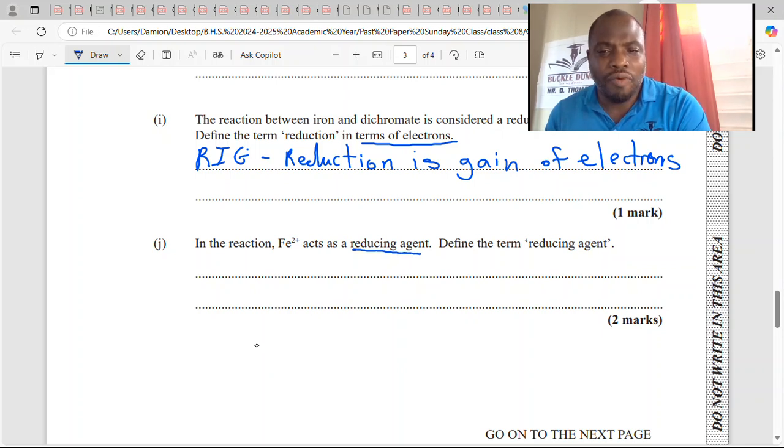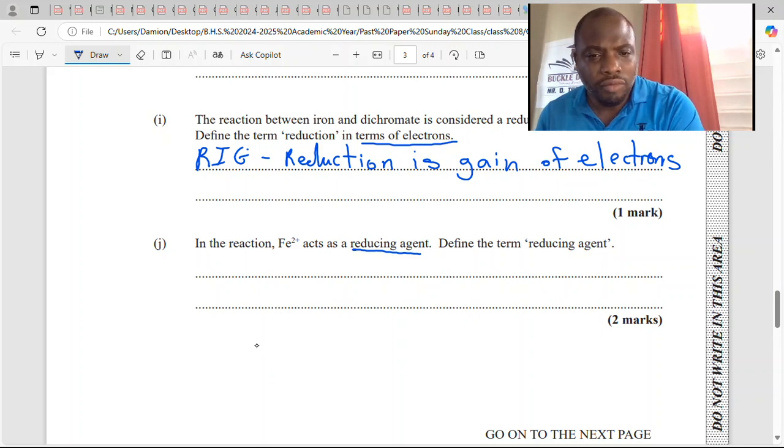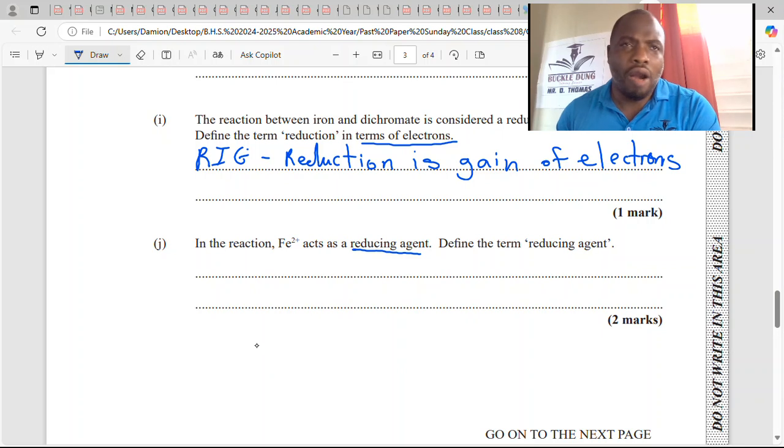Define the term reducing agent. What's a reducing agent? There's no one correct way to describe it. You can describe it in terms of what it does to the other substance in terms of electrons as well.